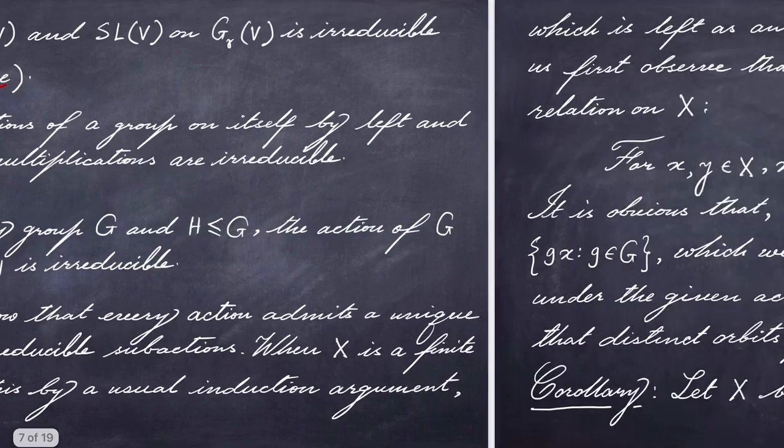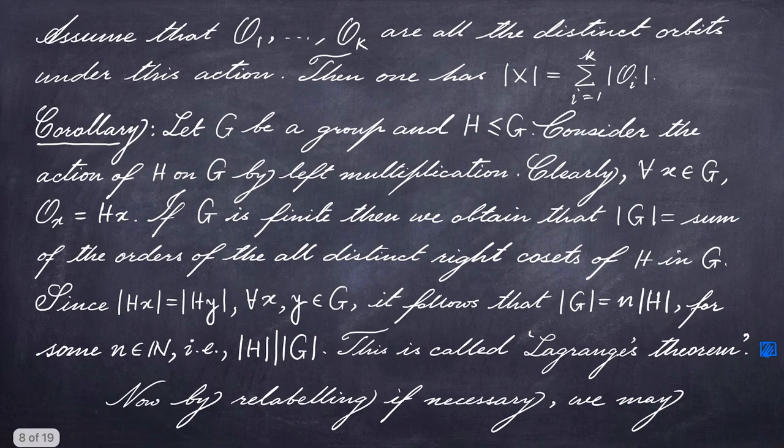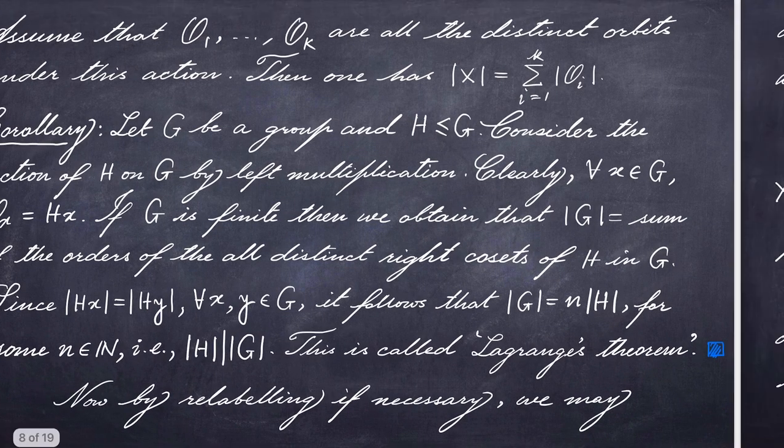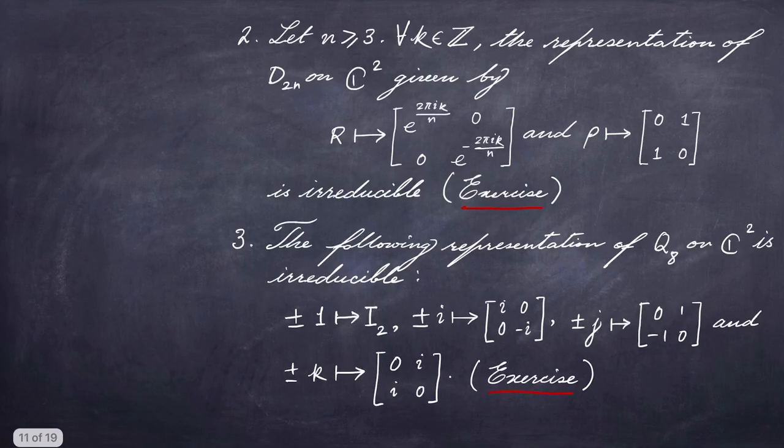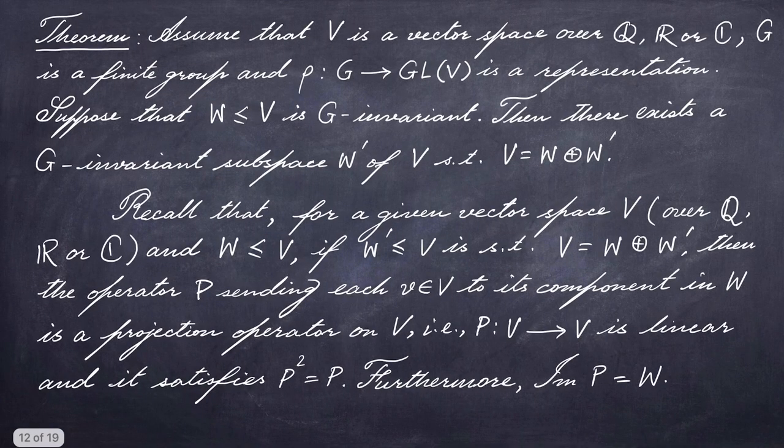But in case of representation, we should expect something like this, but as I said, instead of considering just a set theoretic union, we should go for decomposing V into the direct sum of two non-trivial G invariant subspaces. So this theorem basically talks about that.